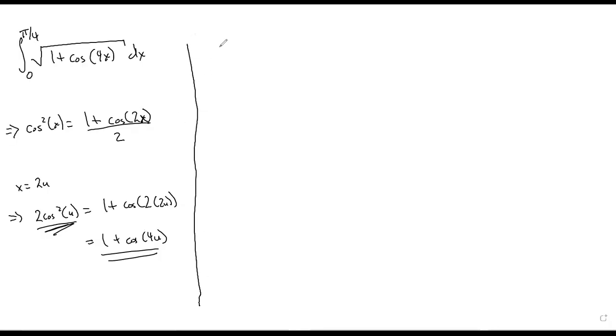So that's what we're going to do. So the integral from 0 to pi over 4 of the square root of 1 plus cosine 4x dx.